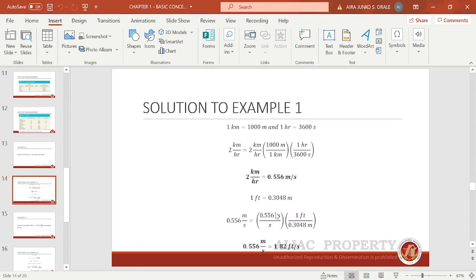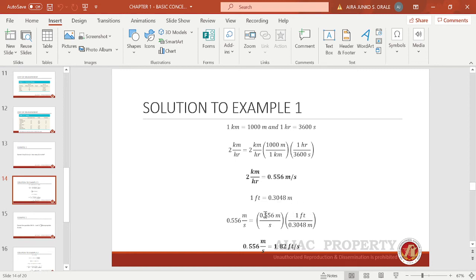So, 1 foot is equal to 0.3048 meter, and you have 0.556 meter per second. Just do the problem solving from here.